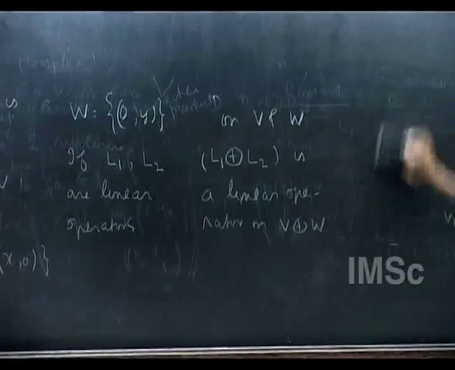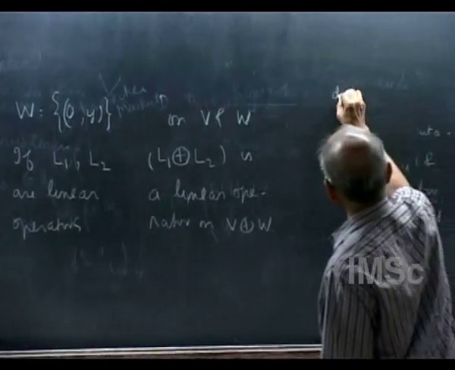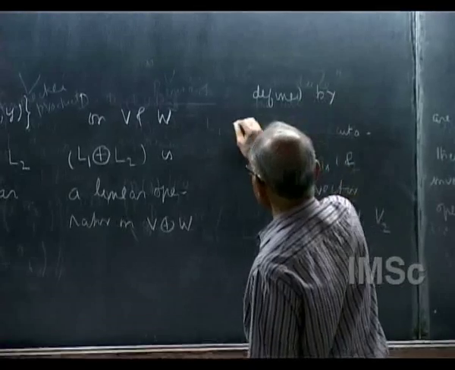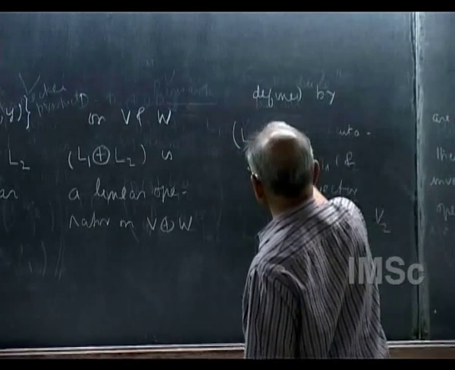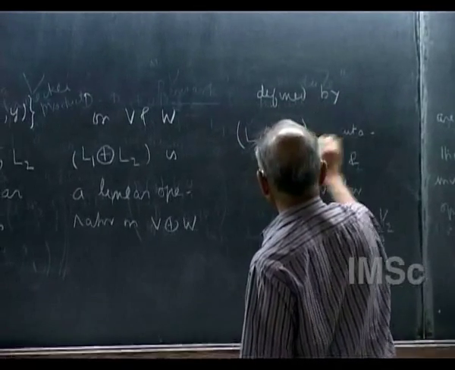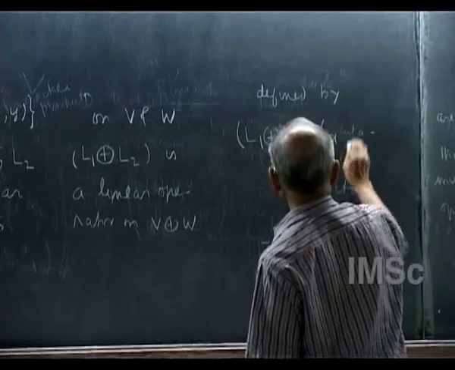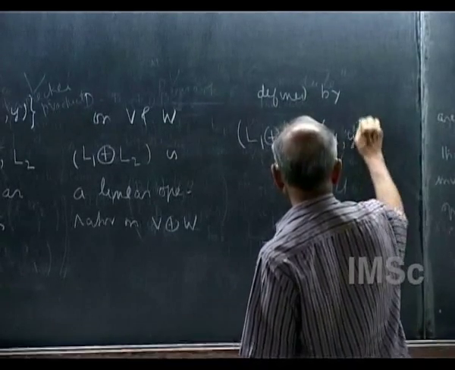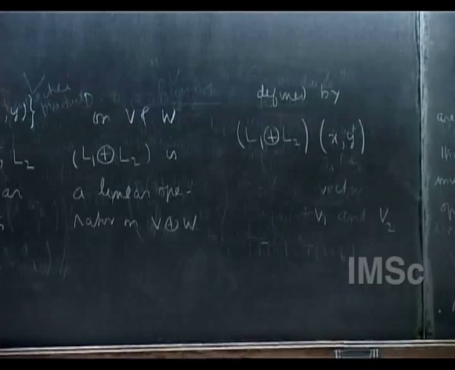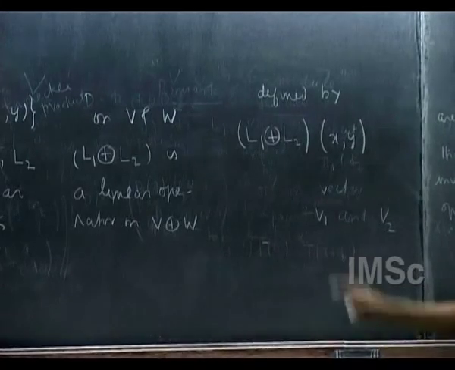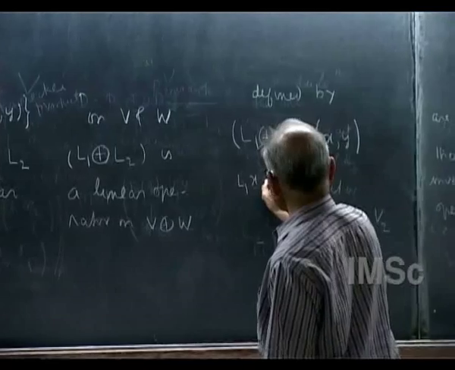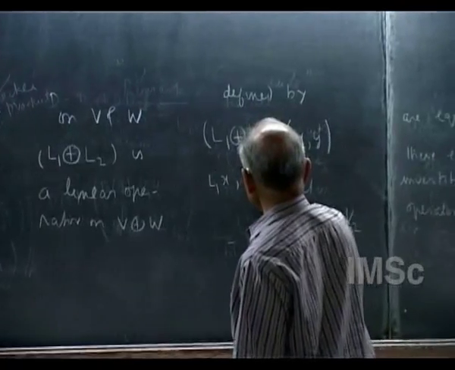The most natural way: define (L1 plus L2) on (x, y) by simply acting with L1 on x and L2 on y, giving (L1 x, L2 y).